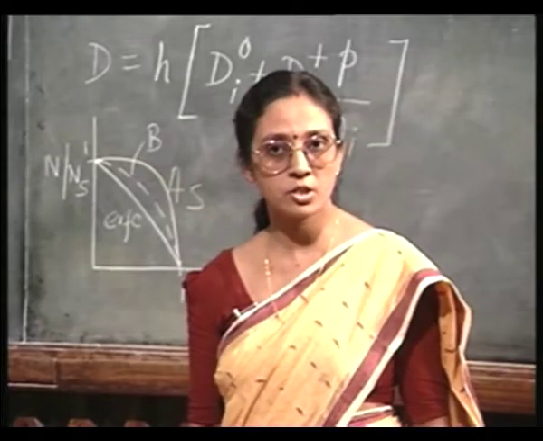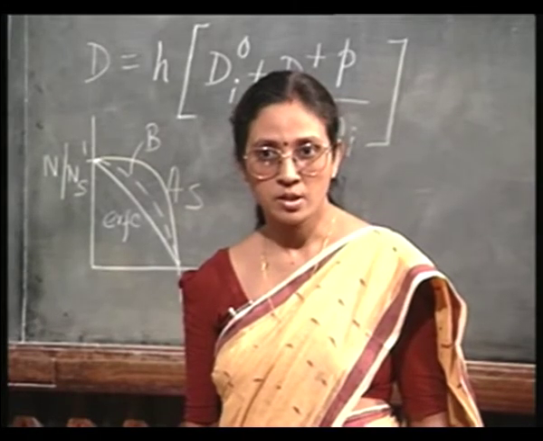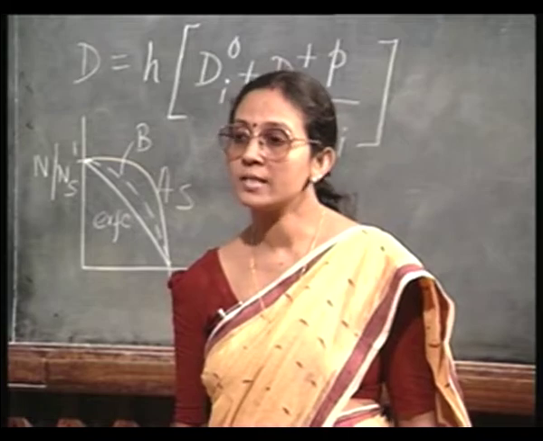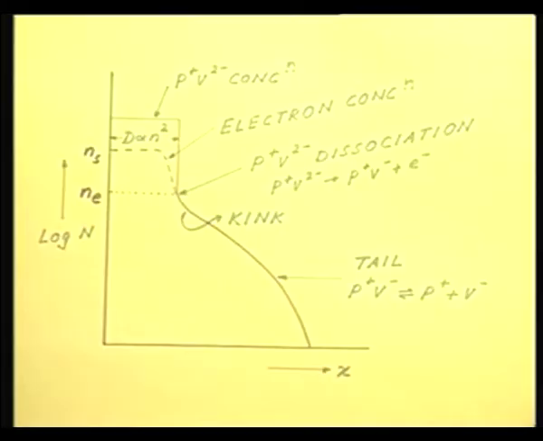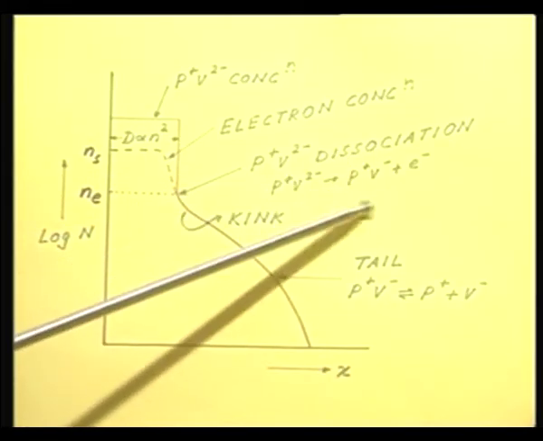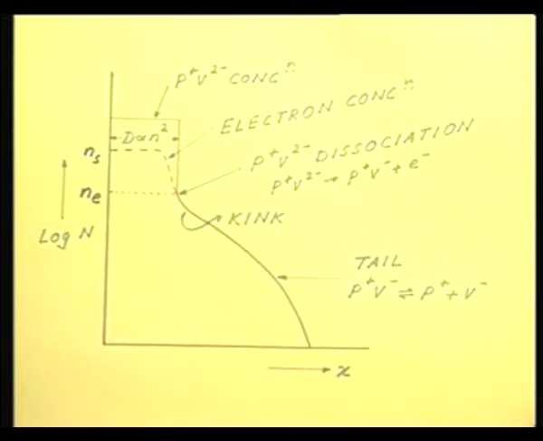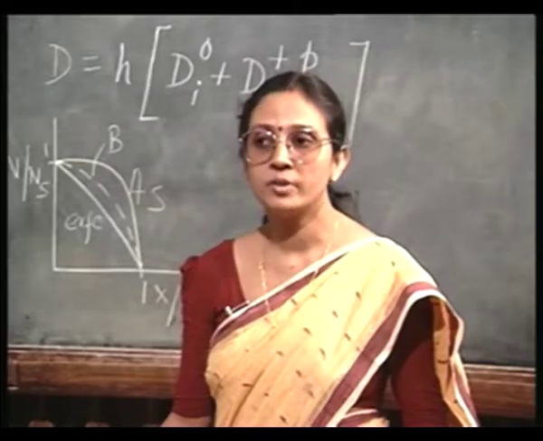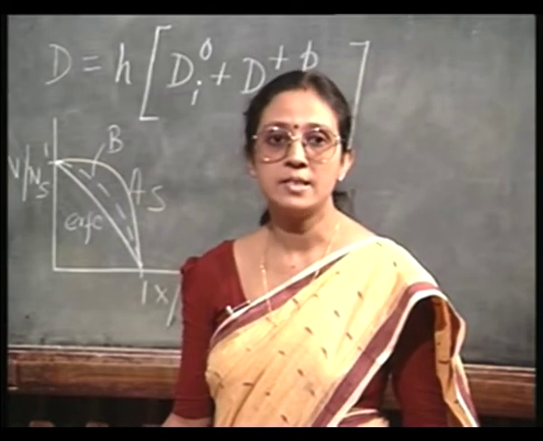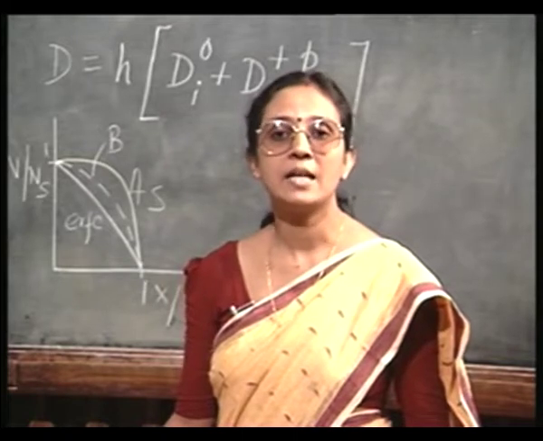There is a dissociation. Okay. So, there are more vacancies released, that is because the binding energy of this P plus V minus is comparatively less. So, it dissociates more easily, and in the process we have a lot of vacancies. Now, because of these vacancies, there is an enhanced diffusion.